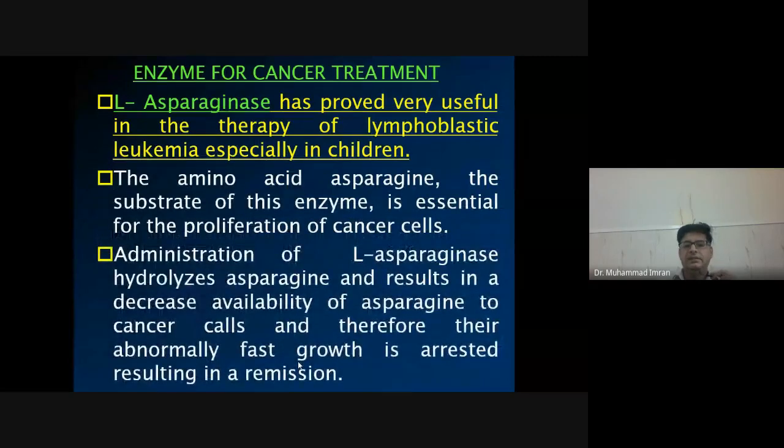Enzymes for cancer treatment: asparaginase enzyme is very useful to minimize the effect of cancer because asparagine is an amino acid which is required by proliferating cells. A very huge amount of asparagine is required for the proliferating cancer cell. If there is no asparagine, it means there is less chance of spreading of cancer cells.